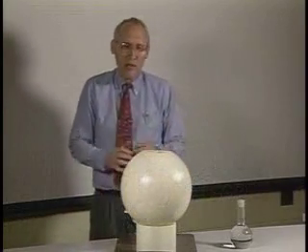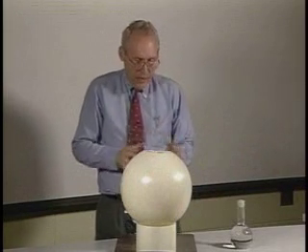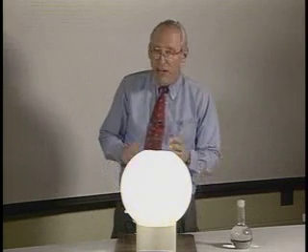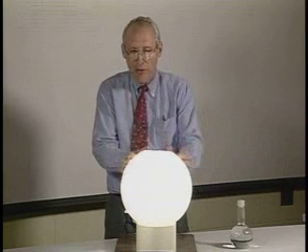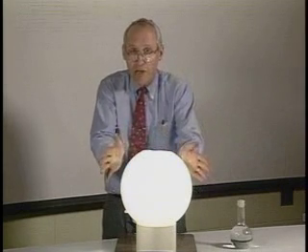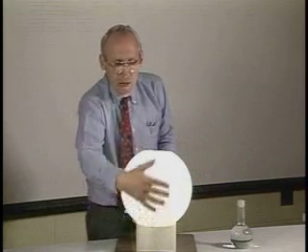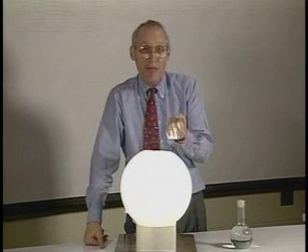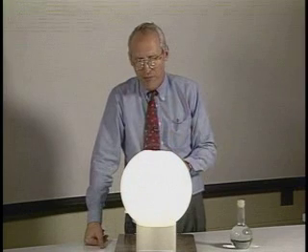Can we understand where that shadow zone comes from? Well, I'm going to turn this light on to represent an earthquake. And the light rays, as they go through the globe, represent the seismic waves traveling through the Earth. And then where you see the illuminated area on the other side, that represents the places where those waves are arriving and could be detected by a seismograph.